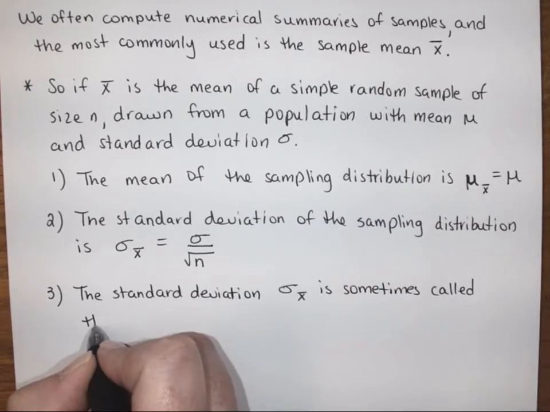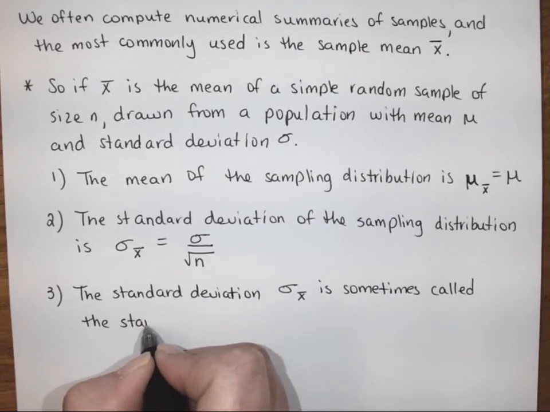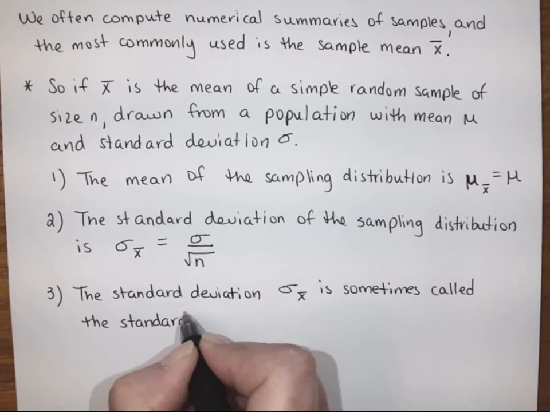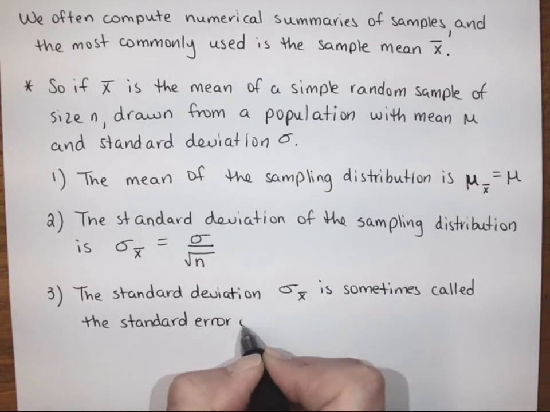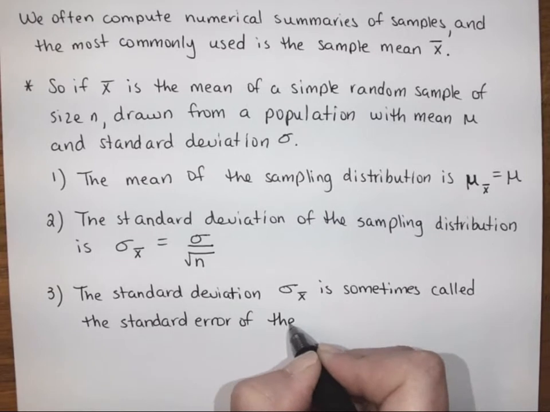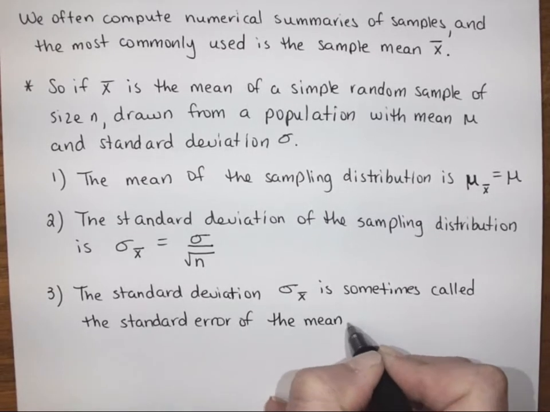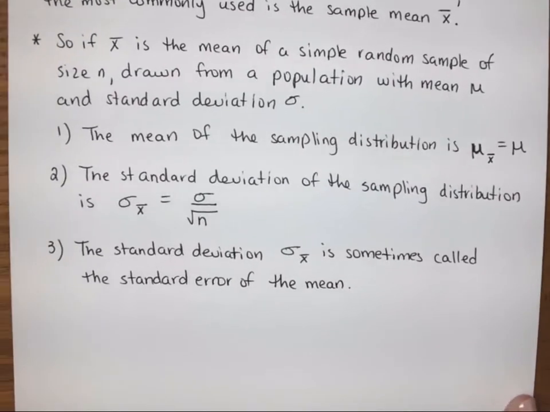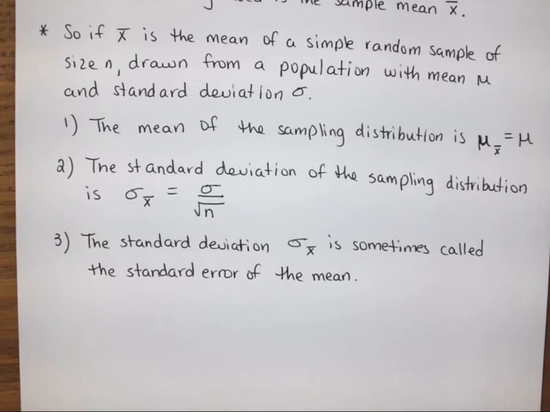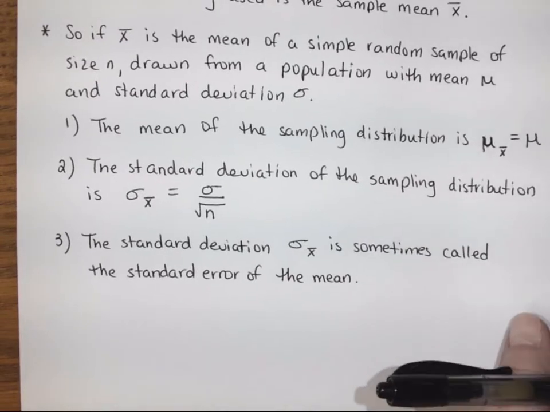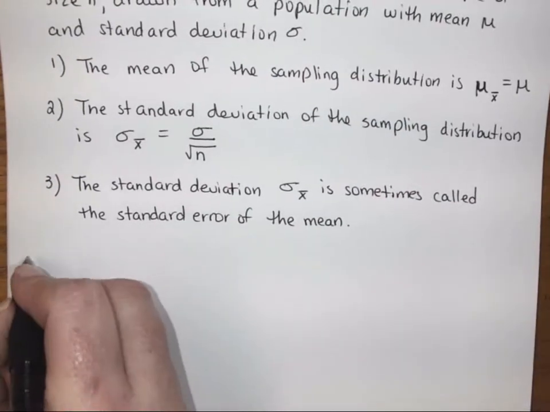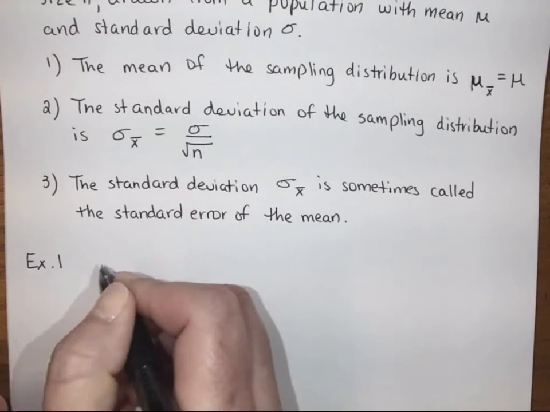It's sometimes called the standard error of the mean. In other words, it kind of describes how far off the standard deviation from our smaller sample is than the overall standard deviation. Okay. So kind of maybe some newer formulas. I don't think they're really that difficult to figure out.